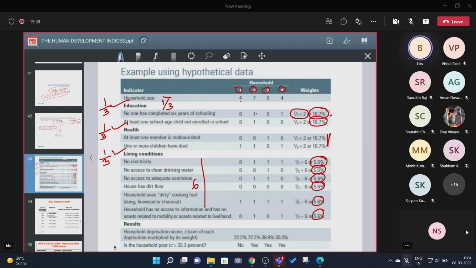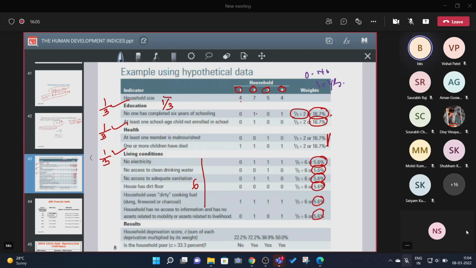Zero implies that the household is not experiencing this condition, whereas one implies that the household is experiencing that condition. So 0 is equal to no, and 1 is equal to yes.